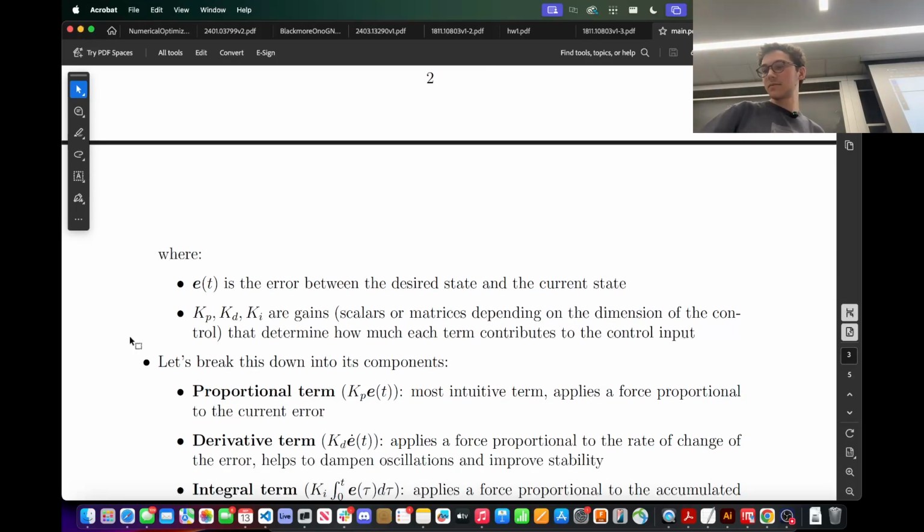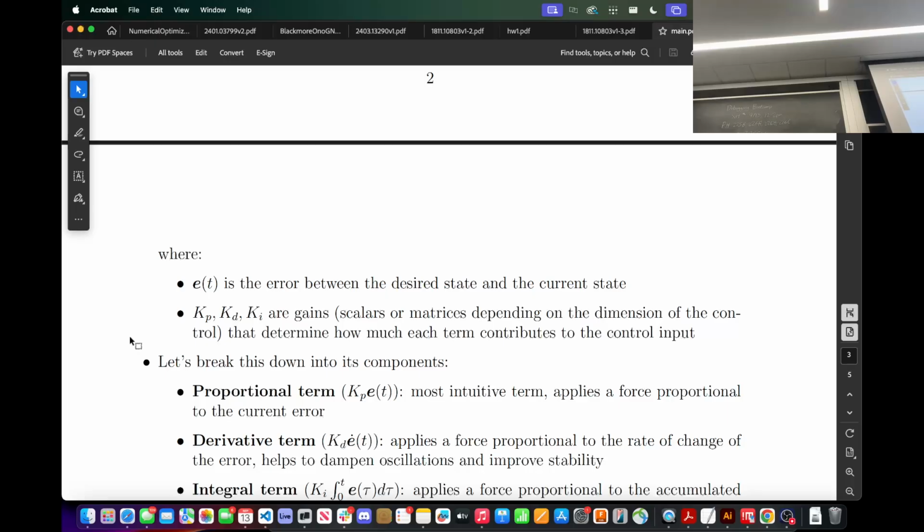We'll see this in a notebook in a second, but say this is your set point, and I'm going to draw your actual response. If you have just a proportional controller, it might look like that.